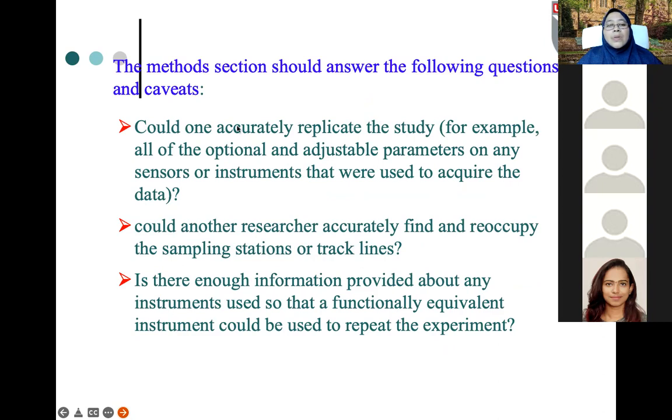When we talk about someone in future, can he or she accurately replicate your study? In order to do that, the method section, chapter 3, has to be detailed. You cannot write a very brief one and then expect the reader or the examiner to just understand.